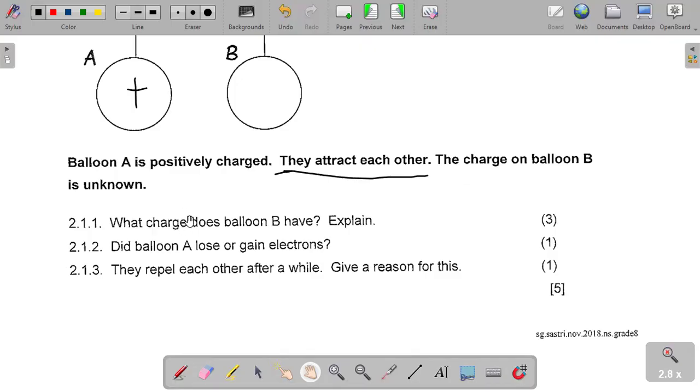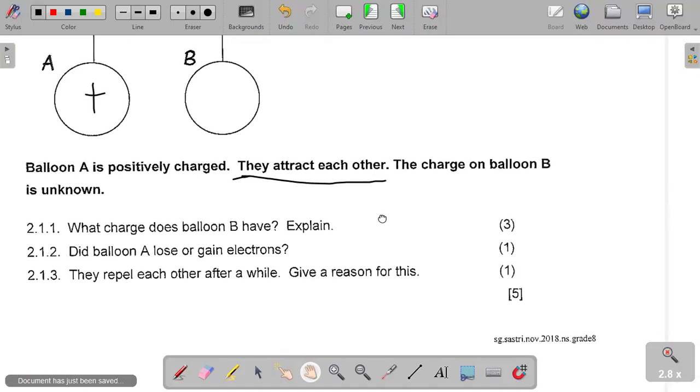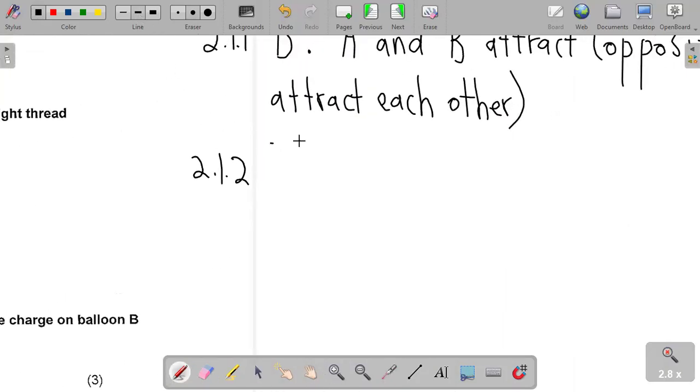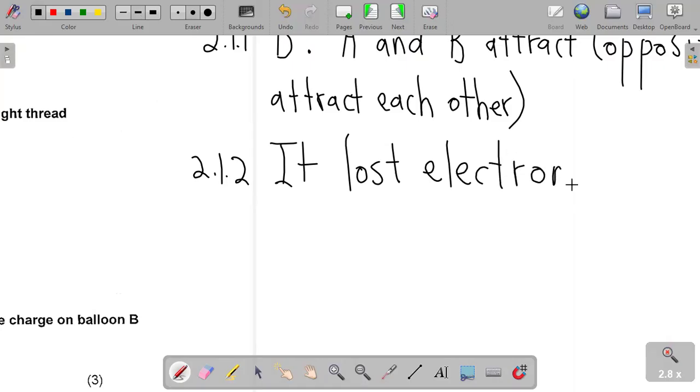It's in the summary that I gave you in the previous lesson, lesson 2, that flow chart that summarizes the chapter. So balloon A is positive, so we know that it lost electrons, it did not gain. If it gained electrons, it would be negative.